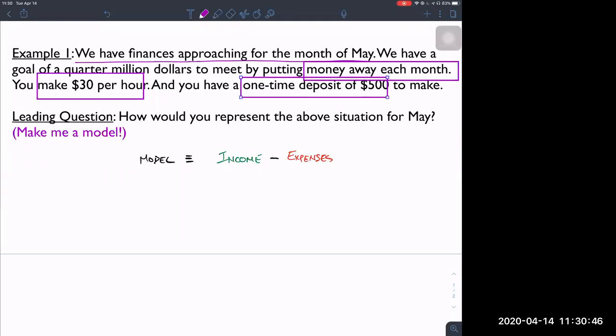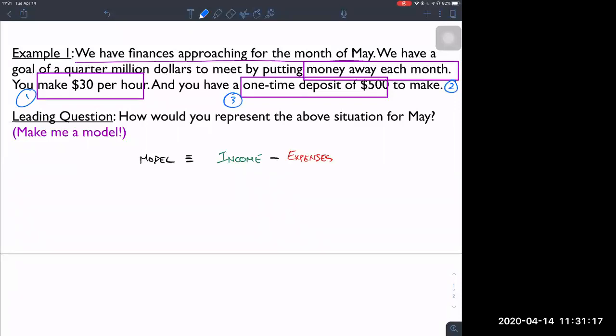So what I want you all to realize is that there's 3 pieces to this situation, right? You have 1 right here, 2 right here, and 3 right here.